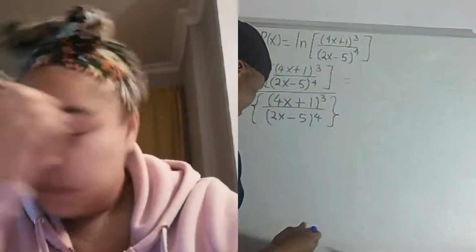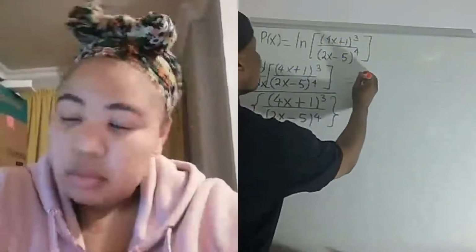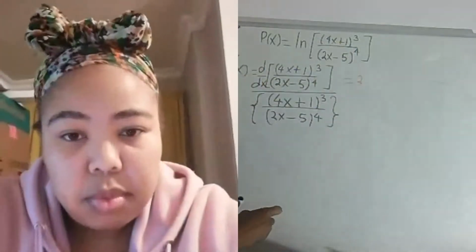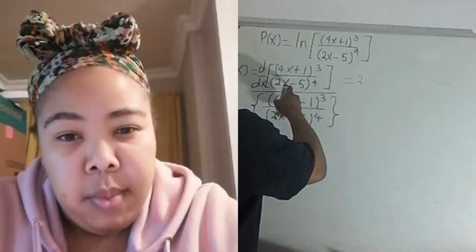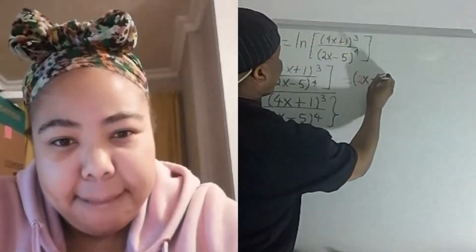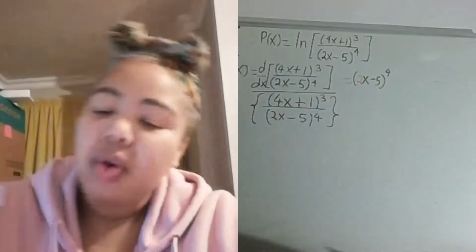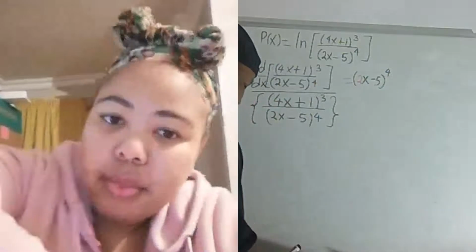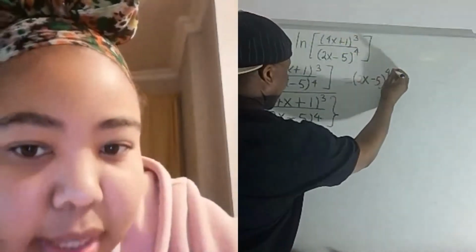On top is going to be the denominator constant, (2x minus 5) to the power 4, constant. And then you differentiate the (4x plus 1) cubed.